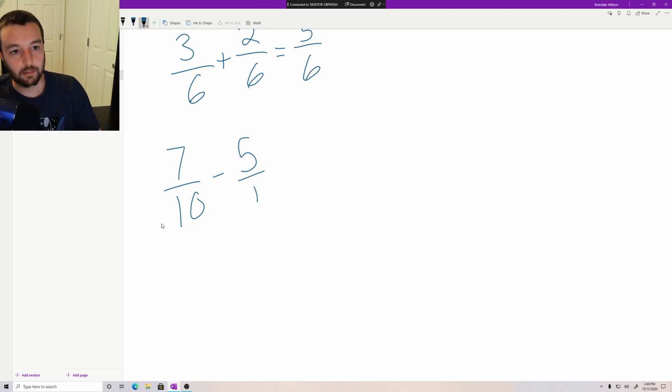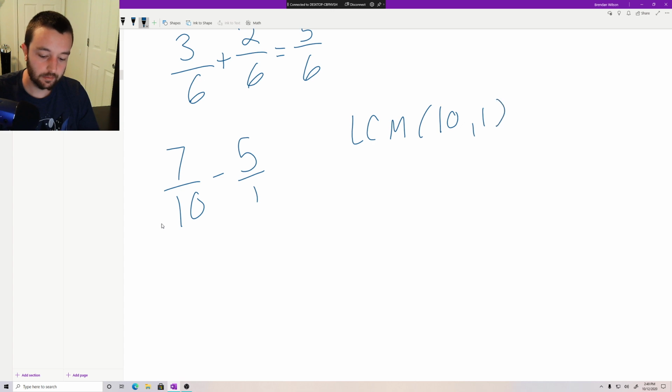So sorry, let me back up. We need to make it have a denominator of 10 because 10 would be the least common multiple of 10 and 1. Okay. So the 7/10 we don't even need to change. We just need to change the 5/1.